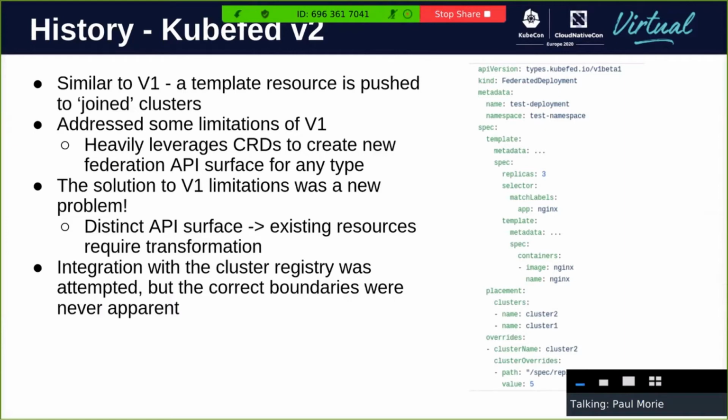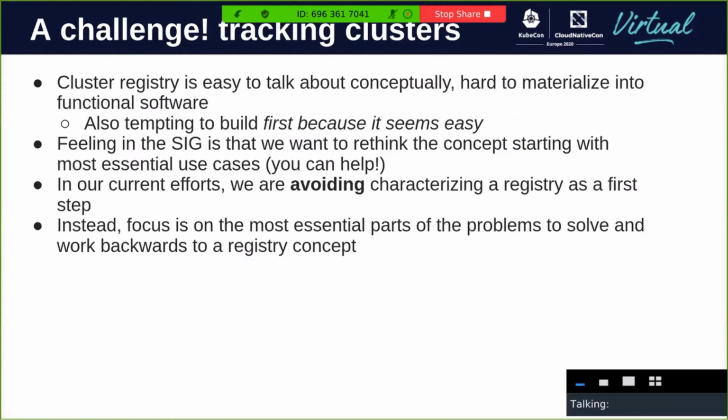But the correct boundaries between Kubefed and the cluster registry were never really apparent. So we can probably see by now that one of the central challenges that we have in this area is exactly how we should track clusters that software that works with multiple clusters is interested in working with.